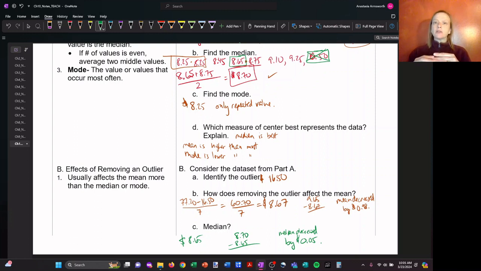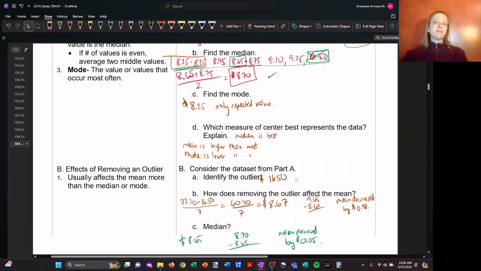The next step is we're going to look at how removing this outlier value changed the mode. And in this example, if again you look at this original ordered list, there was only one repeated value. It was down here at the lower end, and those were not outliers. We did not remove them from the data set. So the mode is actually exactly the same as it was before.